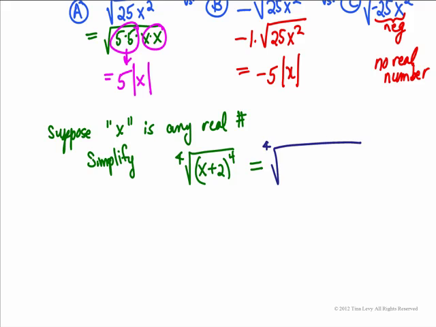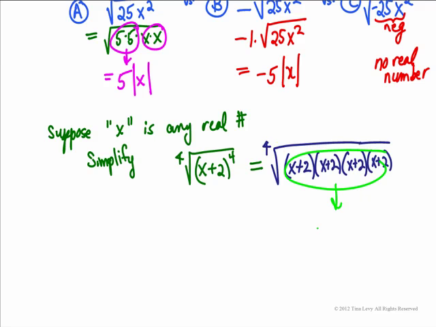I have x plus 2 being multiplied 4 times. And this is the fourth radical, so it takes a group of 4 of them to break out of jail. So out comes 1 x plus 2. However, x is any real number, so we want to make sure our answer is always positive. So you must have the absolute value.